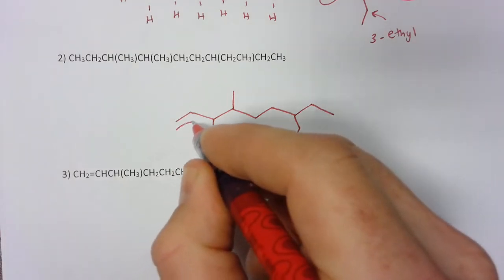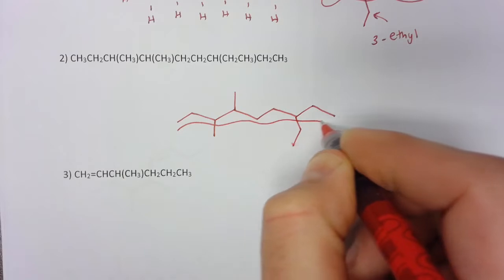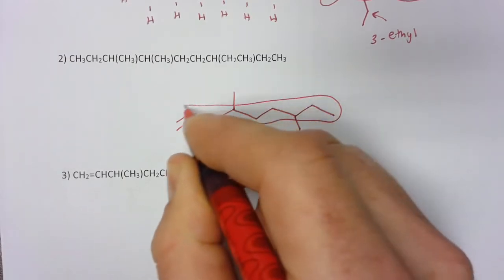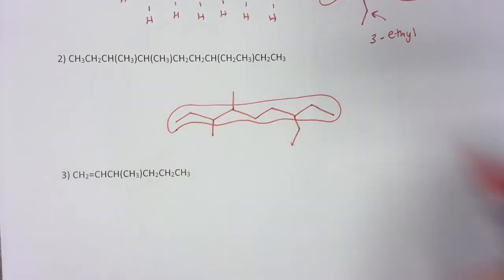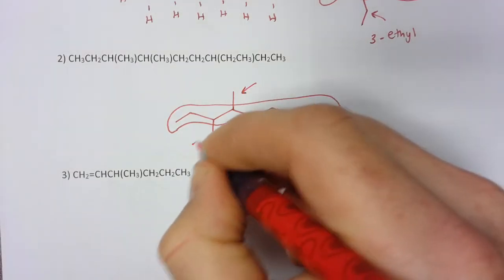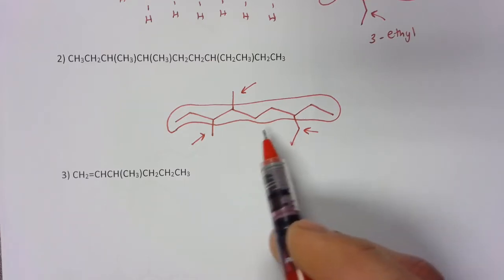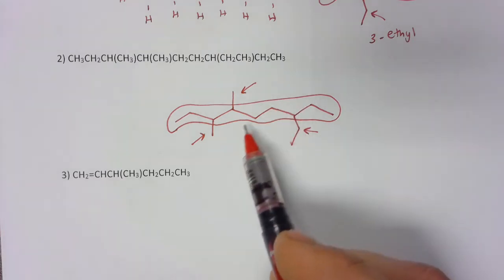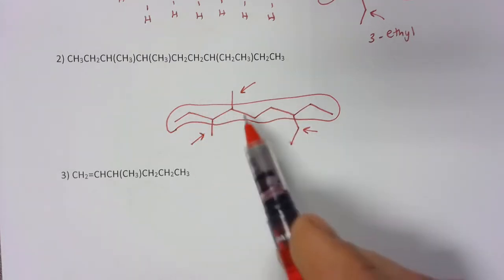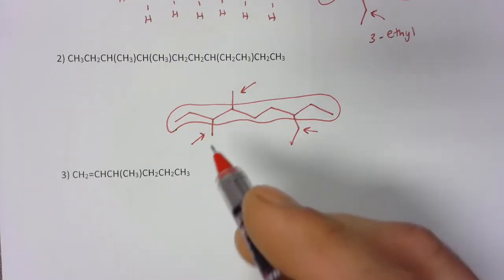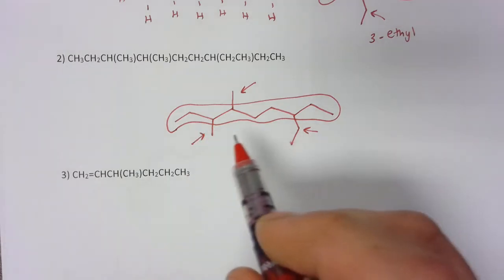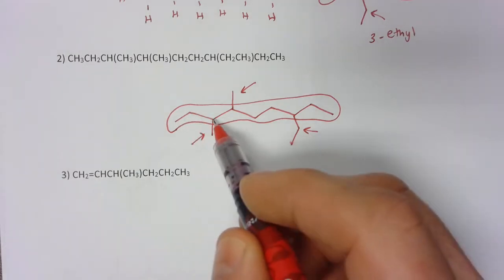Now I'm going to name this, circle my parent chain. Okay, and then identify all of my substituents. And now I need to figure out which side of the molecule has more substituents. And it looks like from first glance the left side does. But I'm going to actually do it both ways. 1, 2, 3.